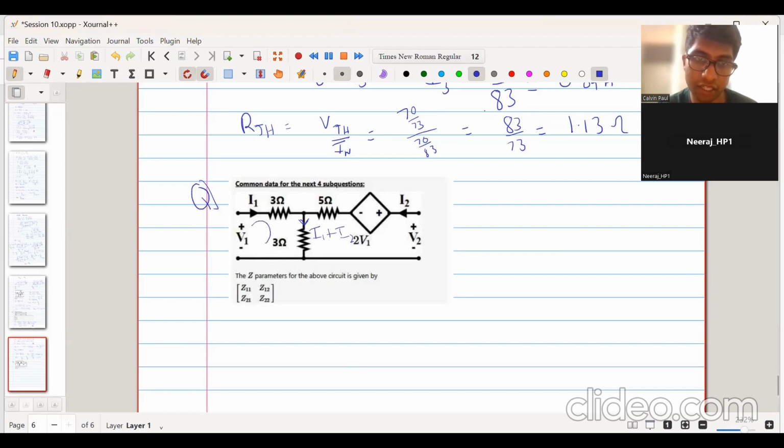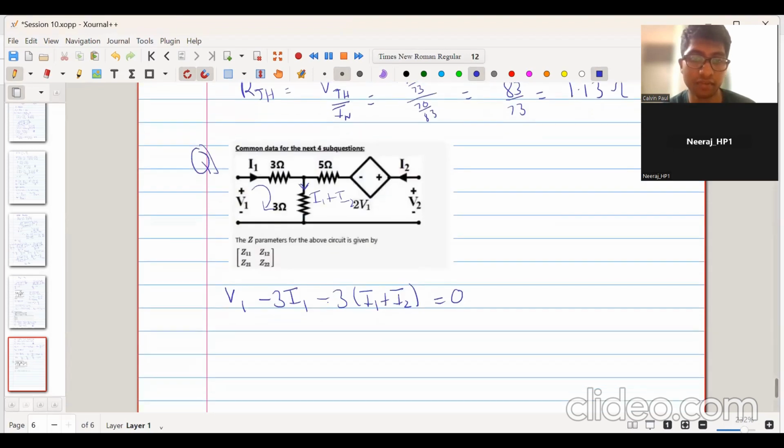So let us apply KVL in loop 1. We get V1 minus 3 into I1, that is the drop across this, minus 3 into I1 plus I2 is equal to 0. When we solve it, we get V1 is equal to 6 into I1 plus 3 into I2.